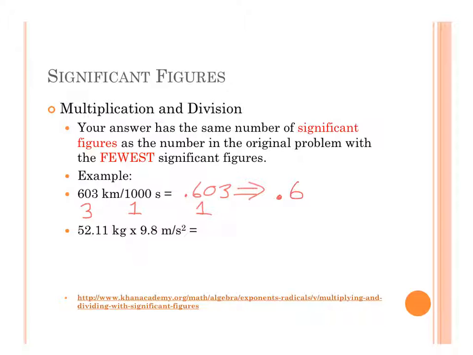If we look at the second example, 52.11 has 4 significant figures. 9.8 has 2. So my answer can only have as many as the fewest. Our answer must be reported with 2 significant figures.